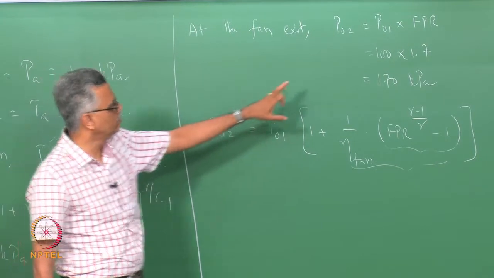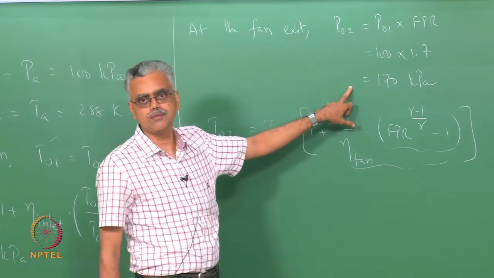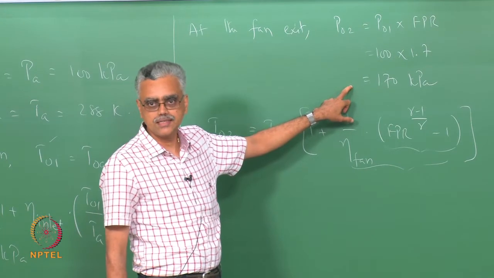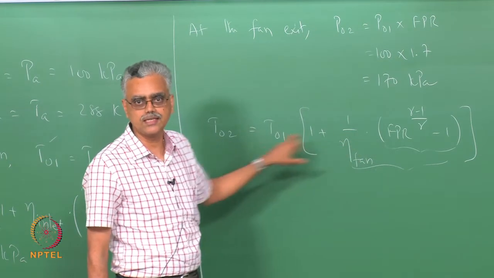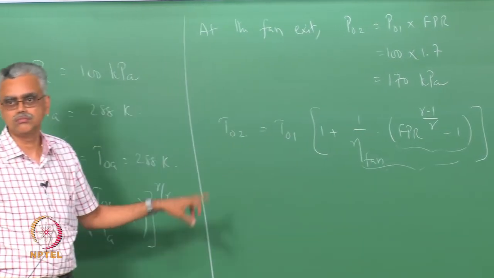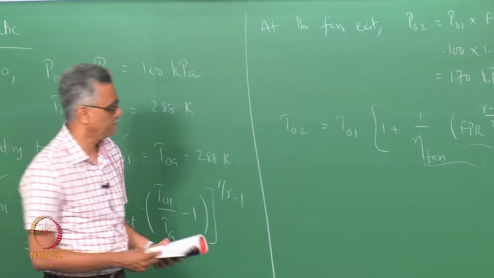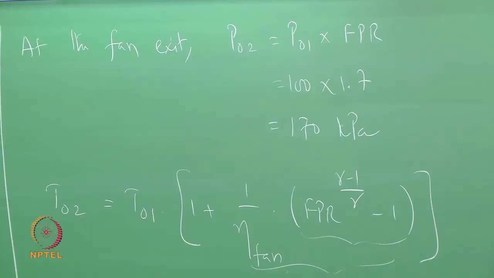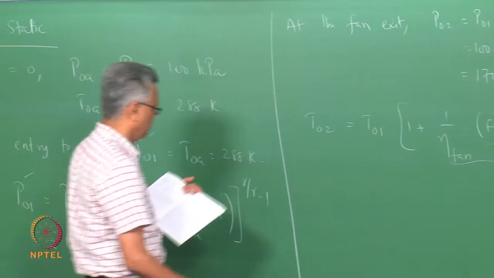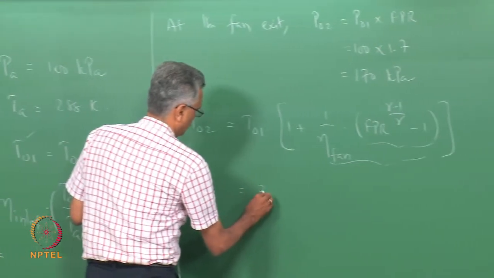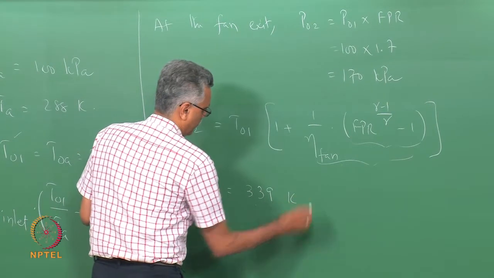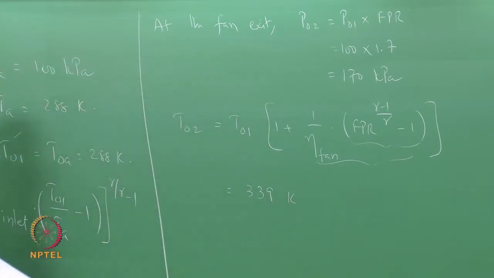From this you can also calculate P02S and then T02S and then T02. That is also okay. If you substitute the numbers here, then you should get T02 to be 339 Kelvin.